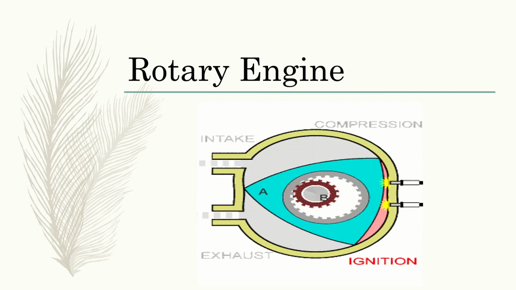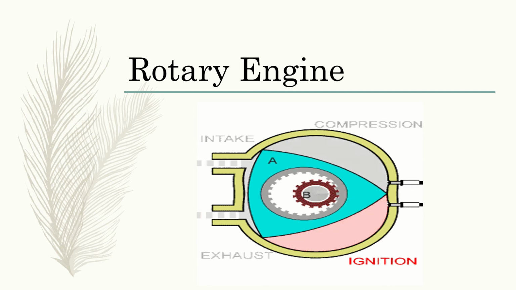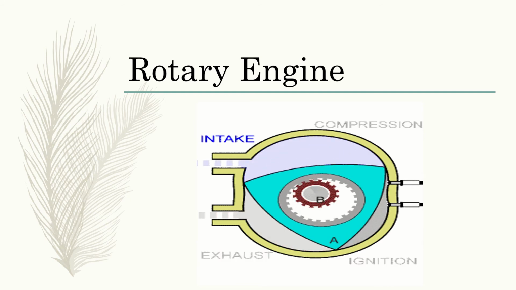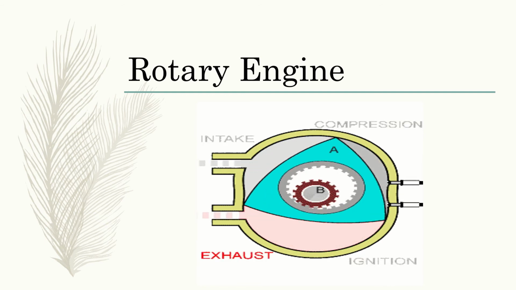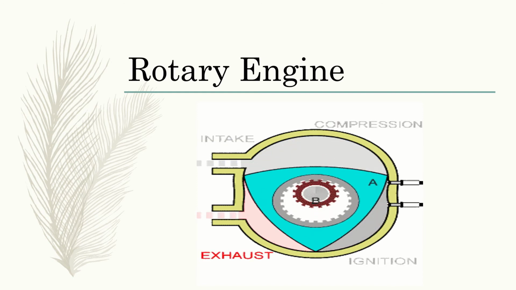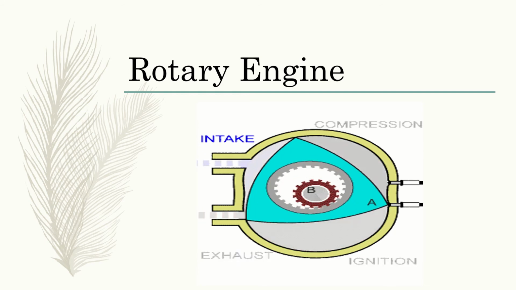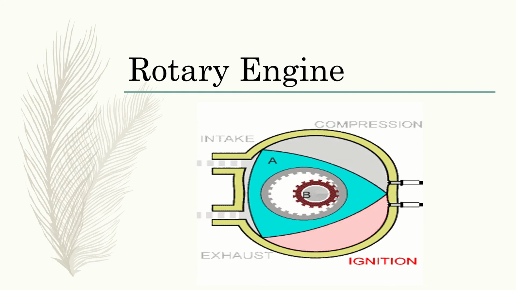This is necessary for the next part, which ignites the mixture. In the ignition process, the compressed mixture gets ignited by spark plugs, and the vast increase in pressure forces the rotor to expand. This is the power stroke, providing useful work.